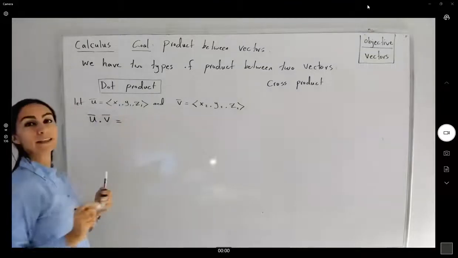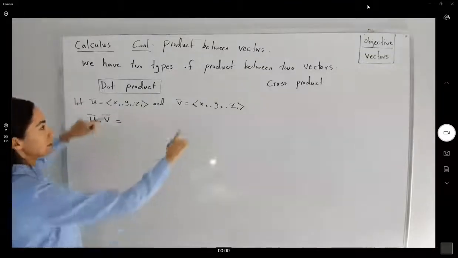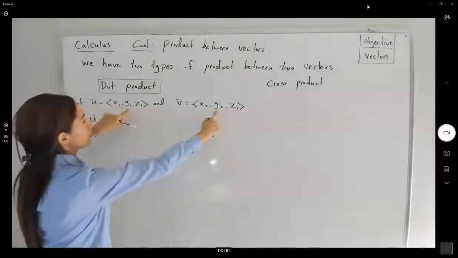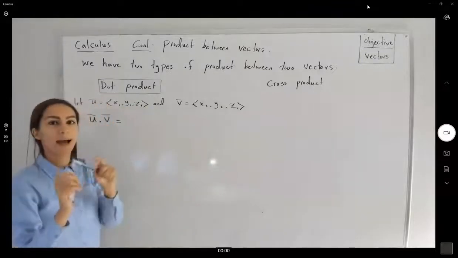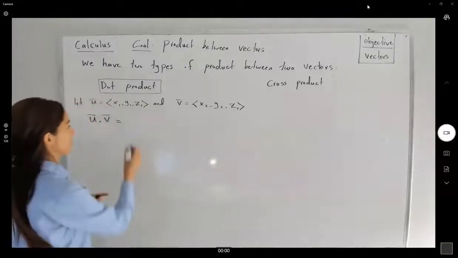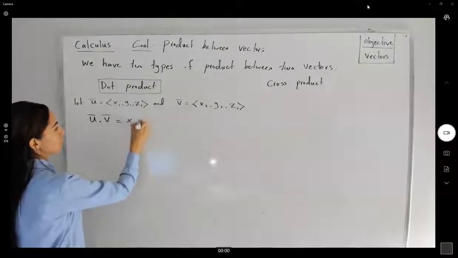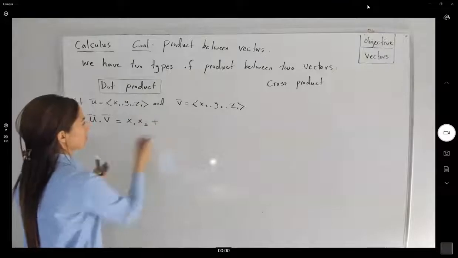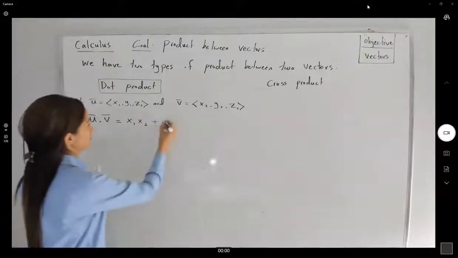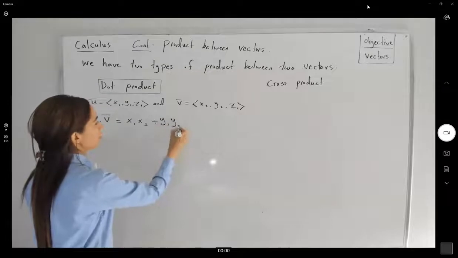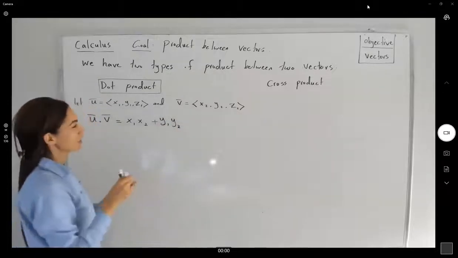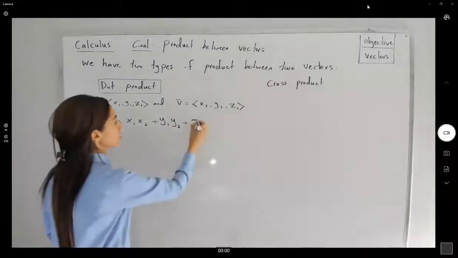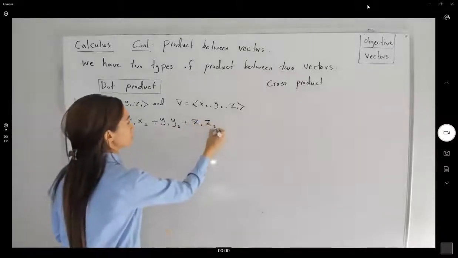How do we define this product? Well, we take the corresponding components of these two vectors, multiply them together, and finally add those multiplications. So it is x1 times x2 plus y1 times y2 plus z1 times z2.